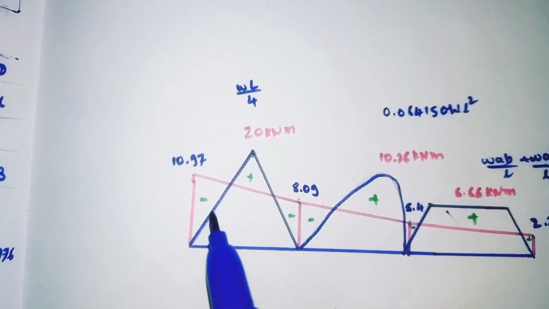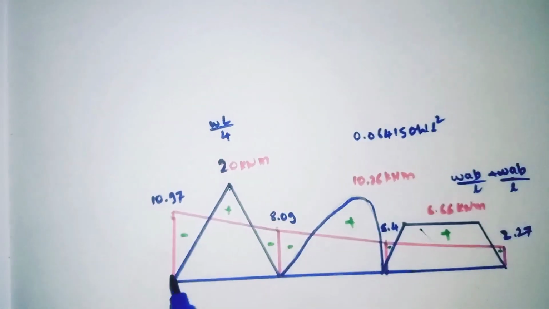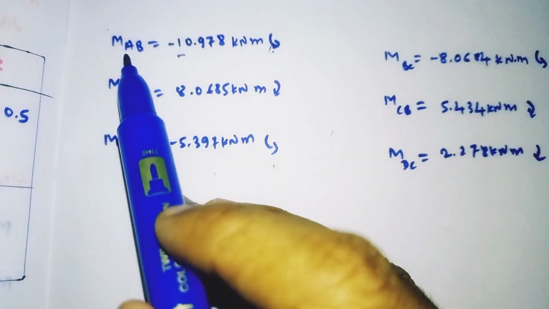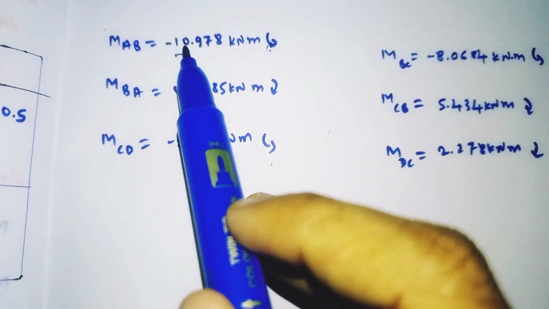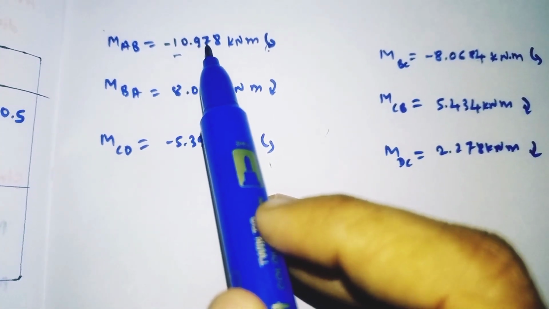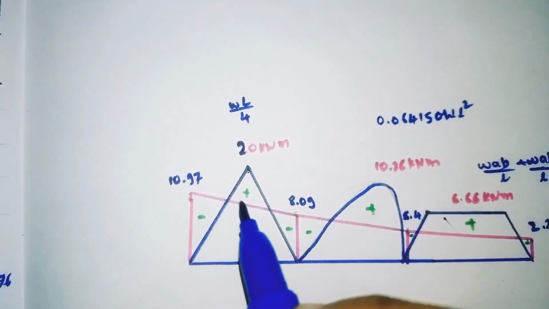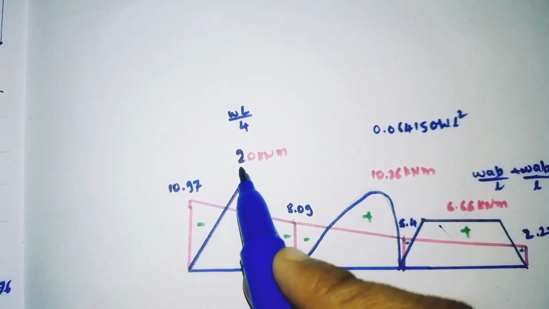And now we'll see the bending moment diagram. See here, our MAB value is minus 10.978. So minus 10.978 means it comes below this point, below the 20.